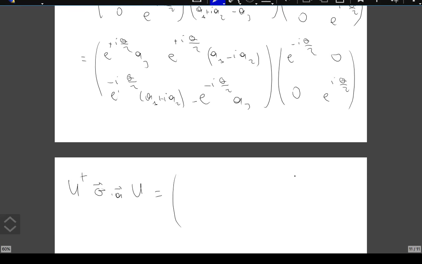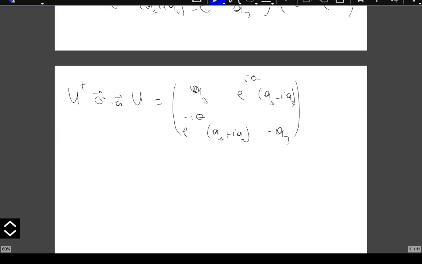Now if you do the multiplication, this will give me A3, e to the power i theta times A1 minus i A2, e to the power minus i theta times A1 plus i A2, and minus A3. Which is, by the way, let me just write it as sigma dot A prime.